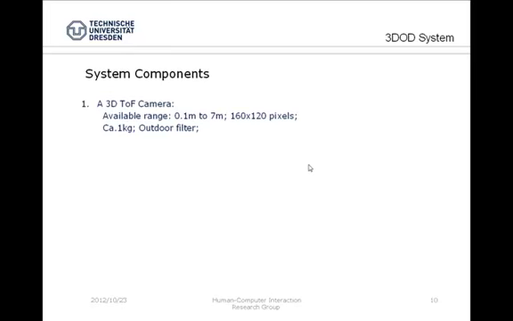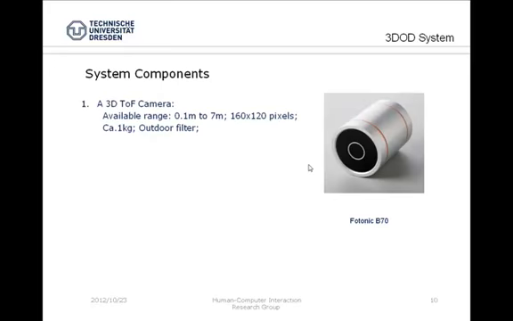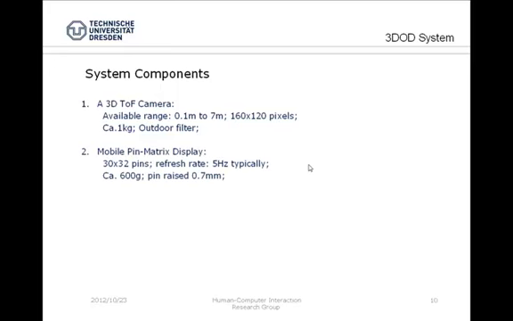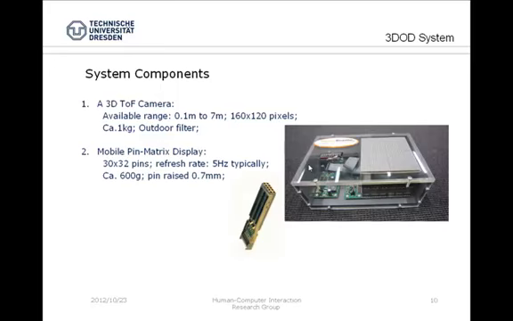So here come the system components. We need a 3D TOF camera. Like this one, it can detect up to 7 meters, but it's a little heavy, about 1 kilogram. But it can work outdoors. The next is the pin-matrix display, like this.